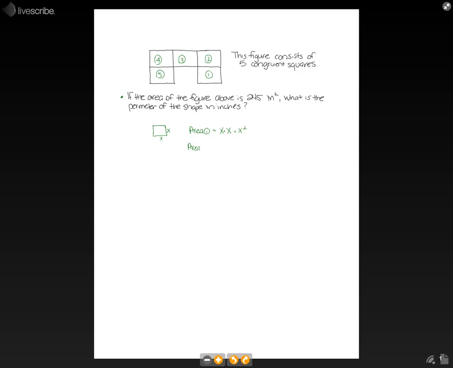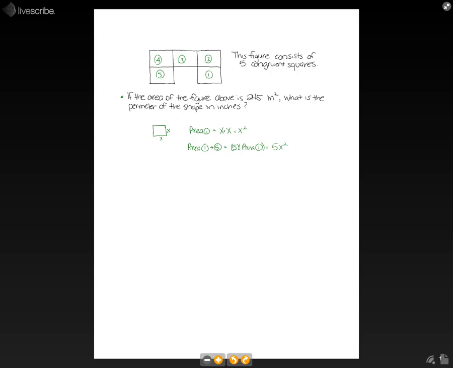The area of squares 1 through 5 is just going to be 5 times the area of square 1, since there are 5 congruent squares, which means it's 5 times x squared.